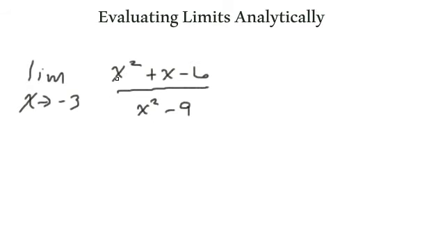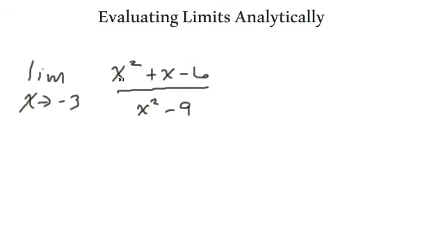So if we were to plug negative 3 into the top up here, we'd get negative 3 squared, which is going to be 9. Plugging negative 3 into x here, that's going to end up being a negative 3. So we're going to have 9 minus 3 minus 6. Well, minus 3 minus 6 is going to be a negative 9.